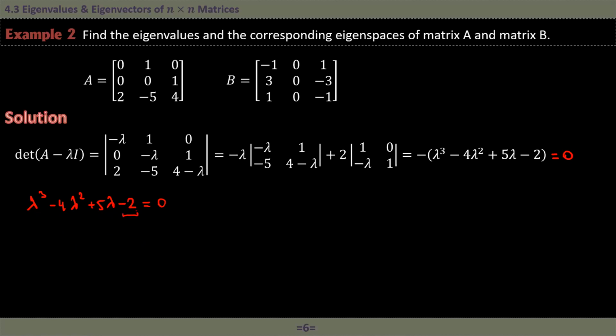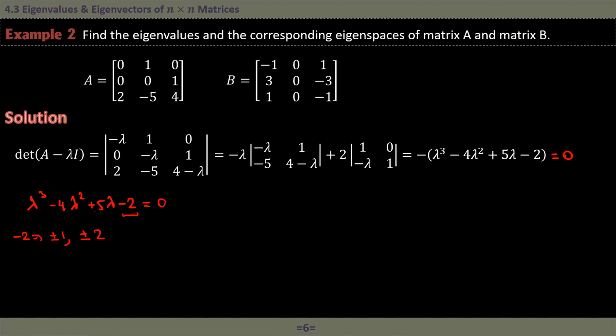We have negative 2, so I expect that one of the roots is plus or minus 1 or plus or minus 2. If I find one of the roots, by using the factor theorem I can reduce the degree of this polynomial by 1, and then we get a quadratic equation, and we have the general method to solve a quadratic equation.